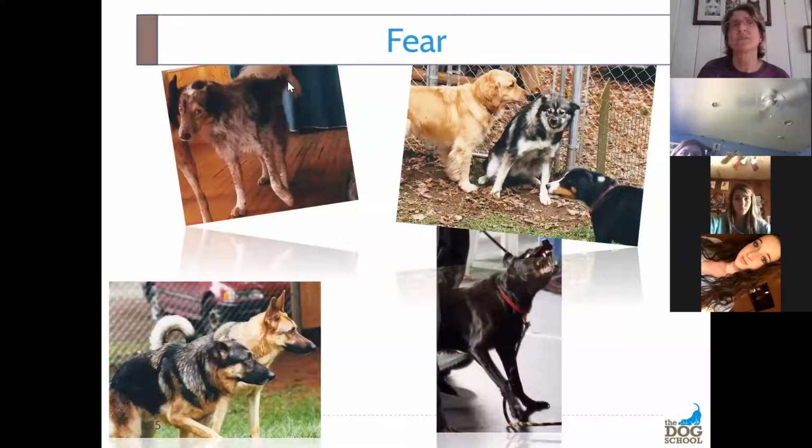I talked some about this last week, where you're looking at the overall picture. Even if his tail's up over his back on purpose, the rest of his body is just all fear, and so his goal would be to move away from the dog or dogs that are here.